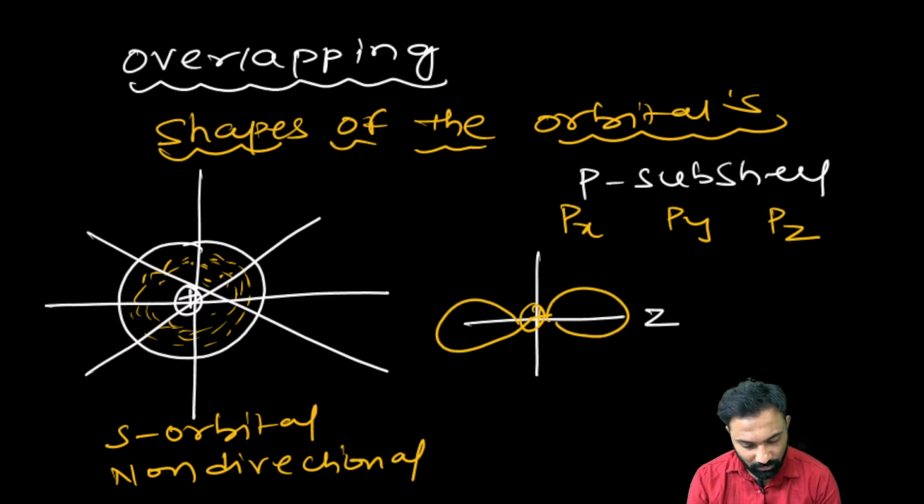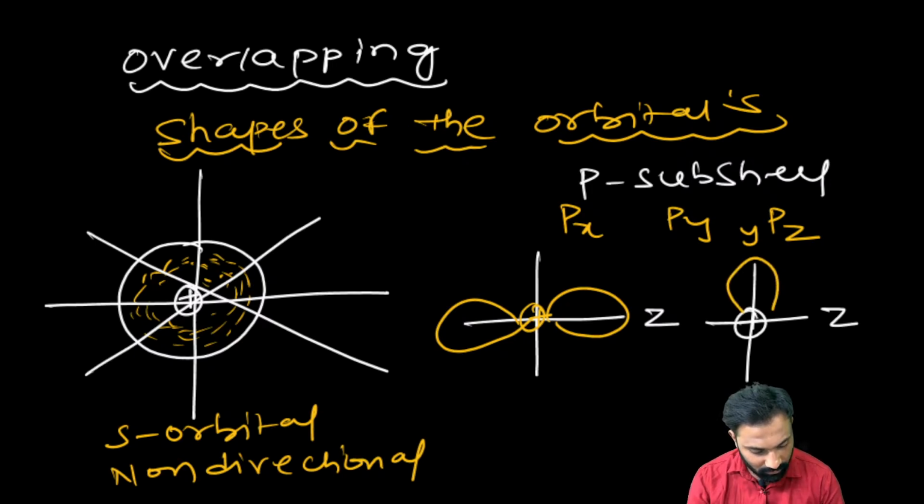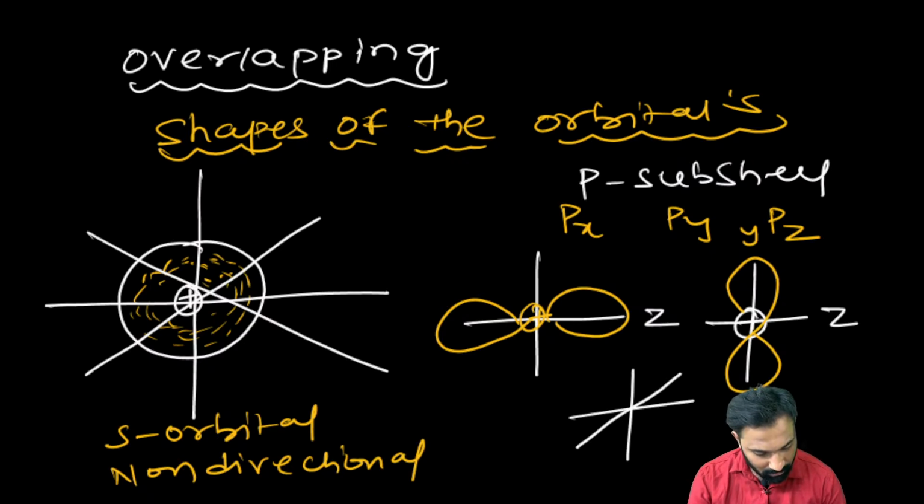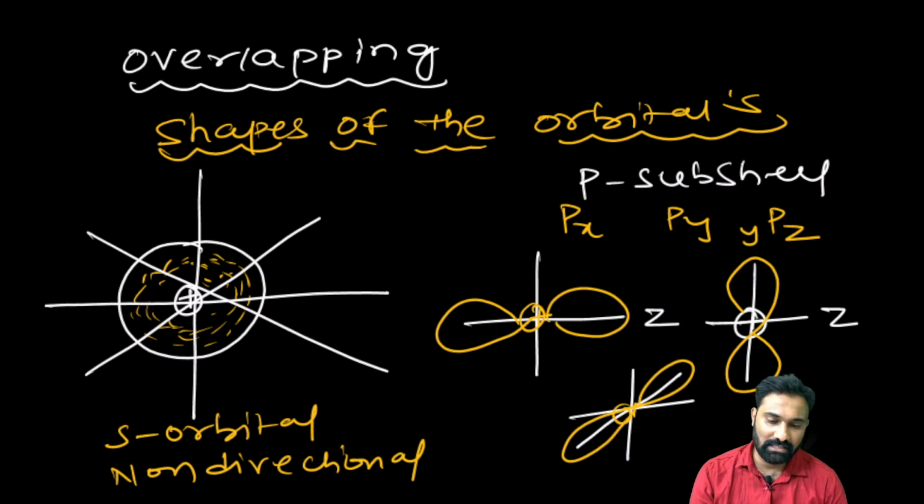If you consider this as z and this as y, this is the py orbital. And if you consider this as x, the px orbital will be in this manner.